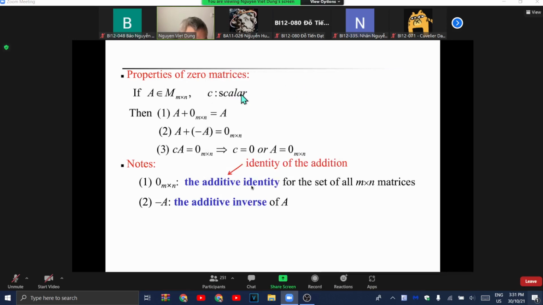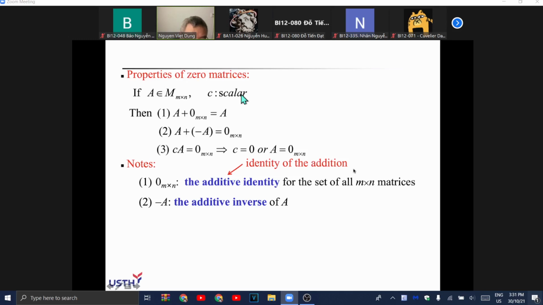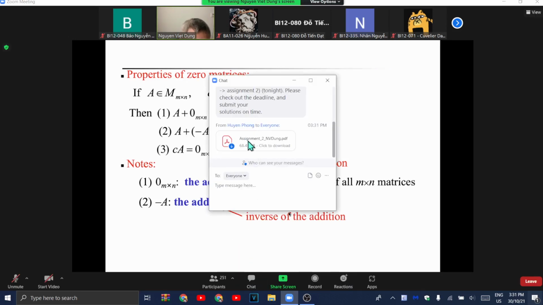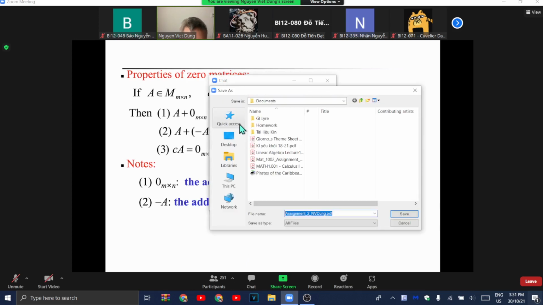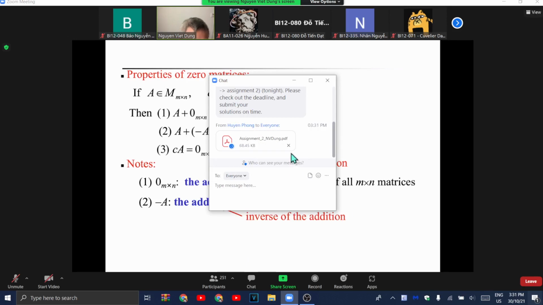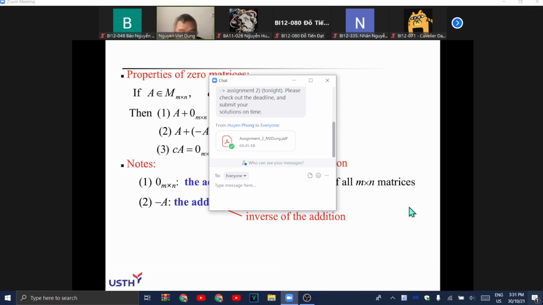The additive identity means it is the identity for the addition operation we defined. And minus A is the additive inverse of A, meaning it is the inverse of A according to addition. What is the inverse of an operation and the identity of an operation? I suppose that maybe some of you will know later, not right now.